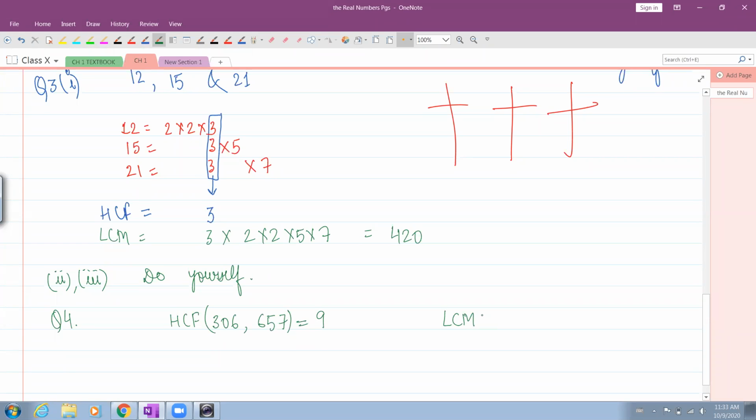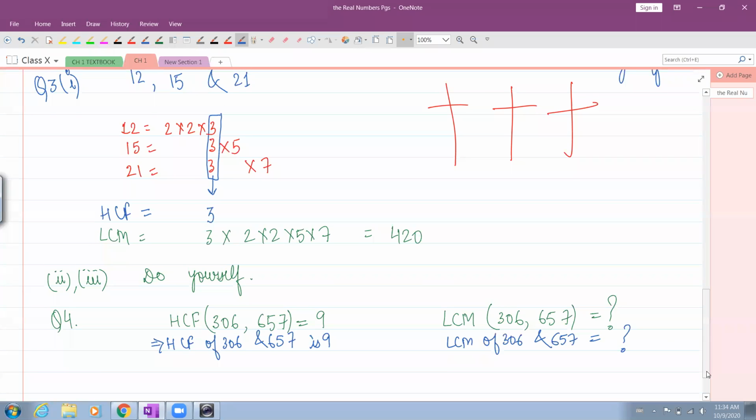The LCM of these numbers needs to be calculated. So this means the HCF of 306 and 657 is 9, and you have to find out the LCM of 306 and 657.